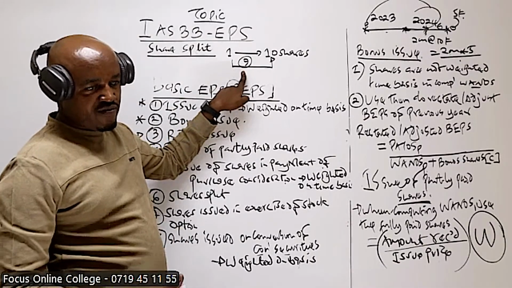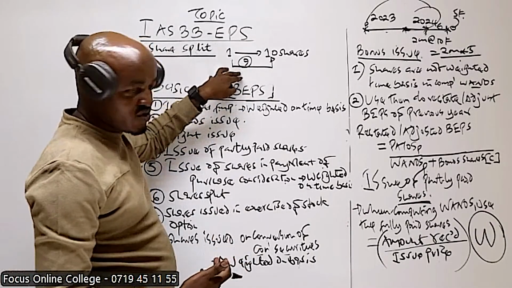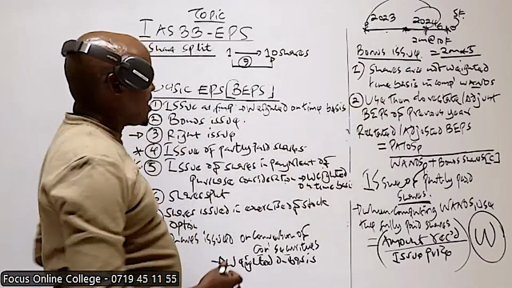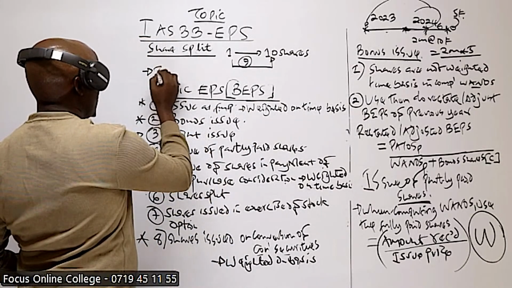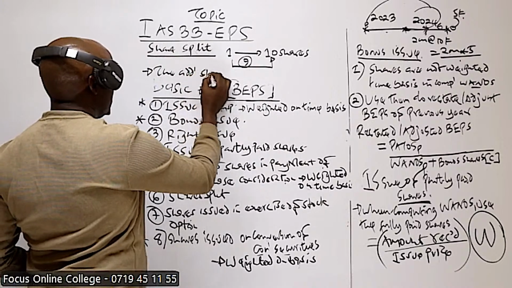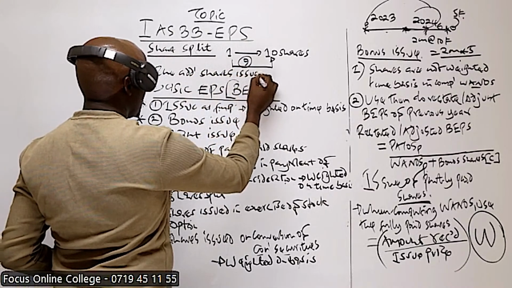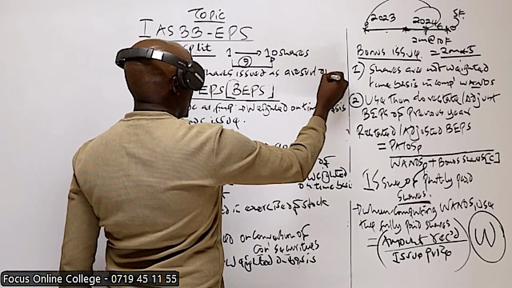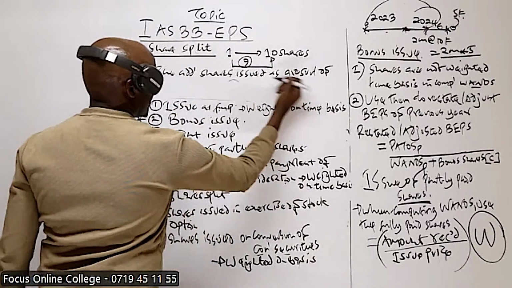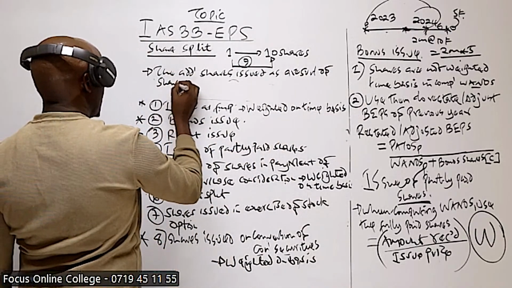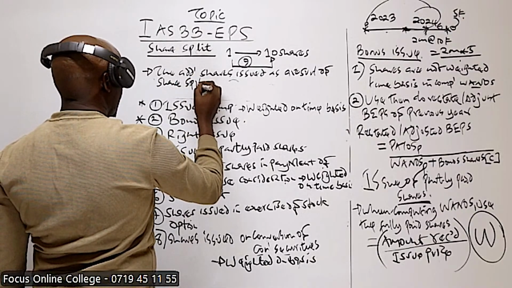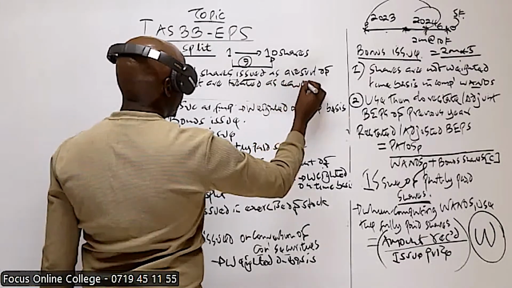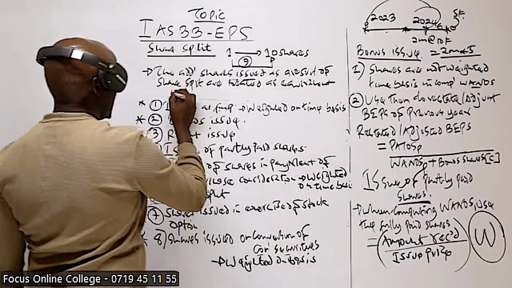Automatically no. Therefore, the additional shares issued as a result of the share split are treated as an equivalent of bonus shares.